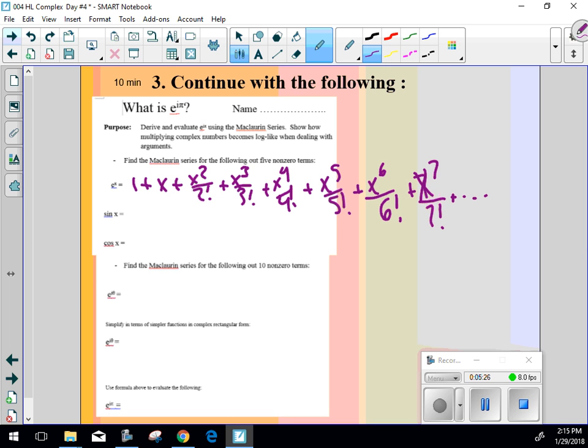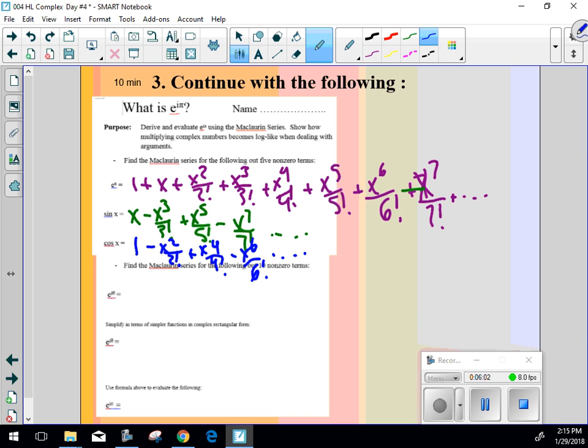For sine of x is x minus x cubed over 3 factorial plus x to the 5 over 5 factorial minus x to the 7th over 7 factorial. Cosine is 1 minus x squared over 2 factorial plus x to the 4th over 4 factorial minus x to the 6th over 6 factorial.